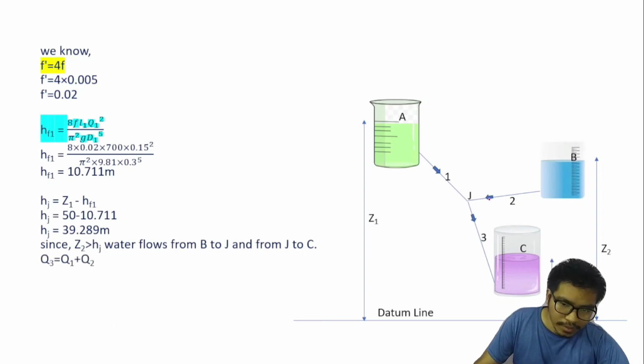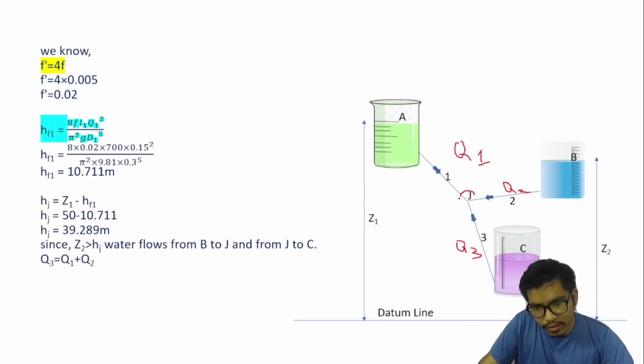So I have drawn the arrow here. Q1 means discharge in pipe 1, Q2 means discharge in pipe 2, similarly Q3 means discharge in pipe 3.